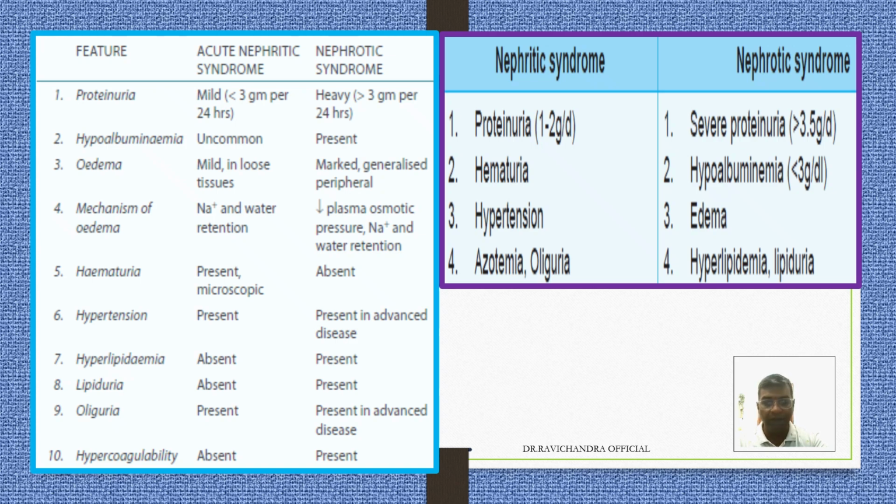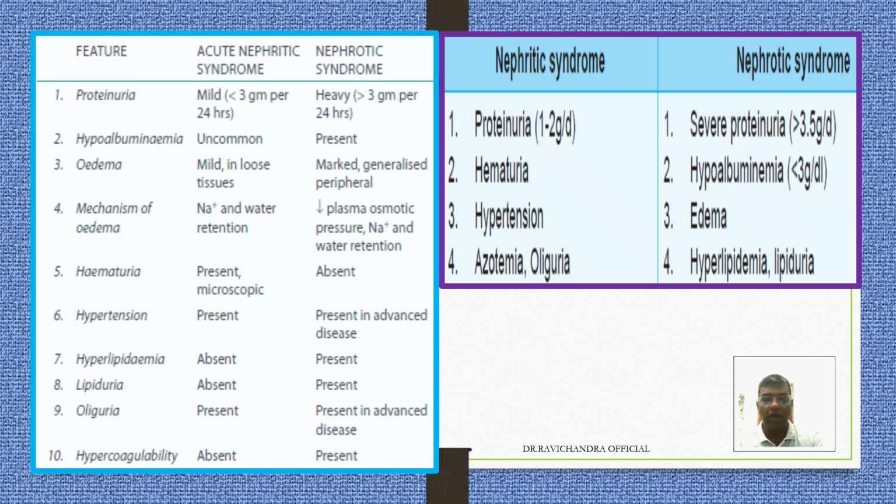Coming to hyperlipidemia, it is not seen in nephritic syndrome. It is a feature of nephrotic syndrome. As there is no hyperlipidemia, there will not be any lipiduria in nephritic syndrome. As there is hyperlipidemia, there will be lipiduria in nephrotic syndrome.